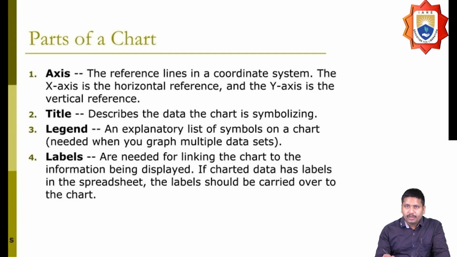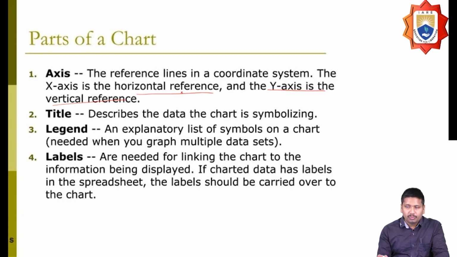Many people may know the various parts of a chart, like the axes. These are the reference lines in the coordinate system: the x-axis is the horizontal reference and the y-axis is the vertical reference.